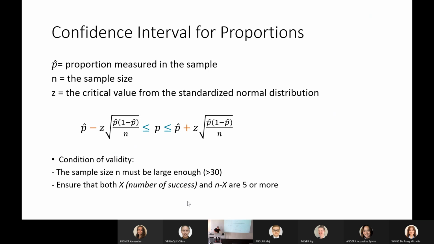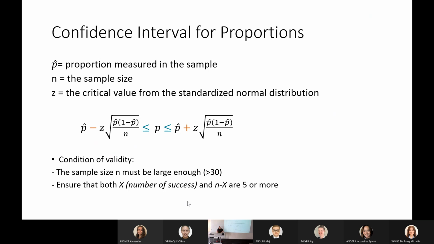Then it's the last confidence interval that we need to do. The last one, the third one, is the confidence interval for proportions. So we have the three main parameters here. We have p hat. P hat is a proportion measured in the sample.